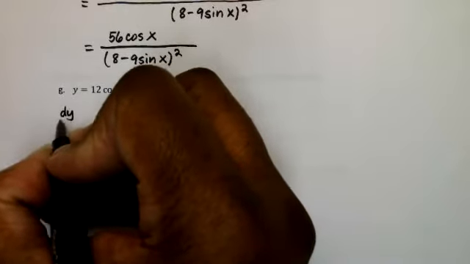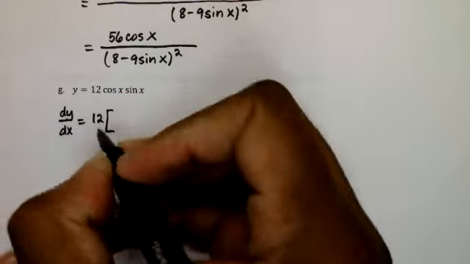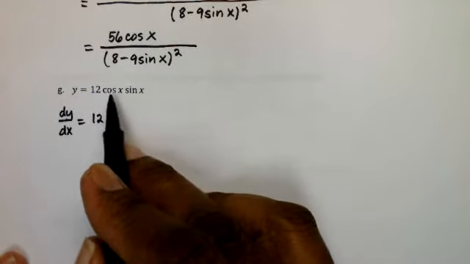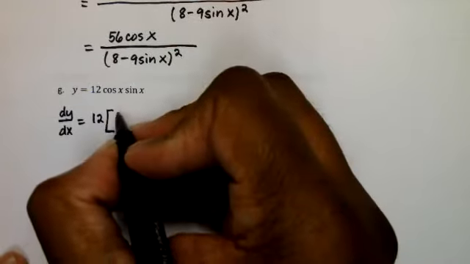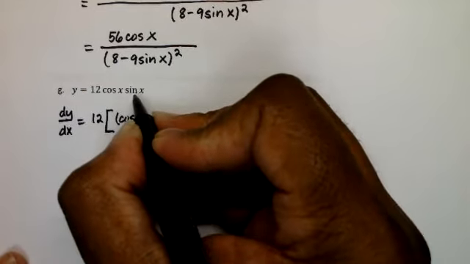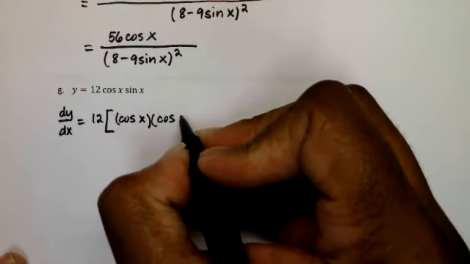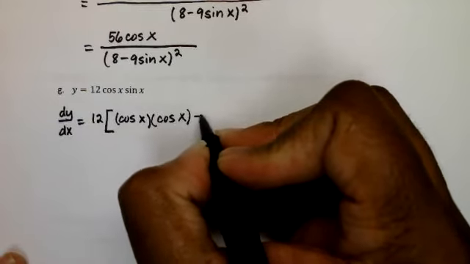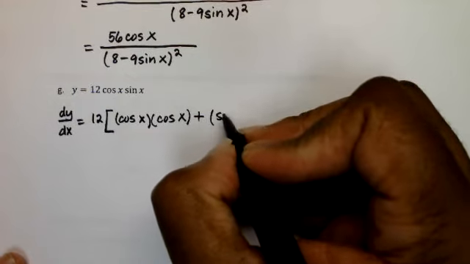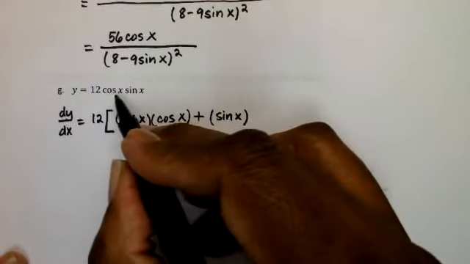So for dy dx, the constant, I can bring this down. But for the cosine x times the sine of x, this will be the first, which is the cosine of x, times the derivative of the second. The derivative of the sine of x is going to be cosine of x, plus the second, which is sine x, times the derivative of the first.